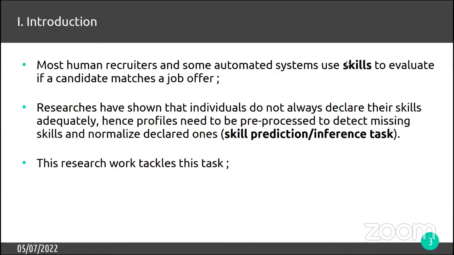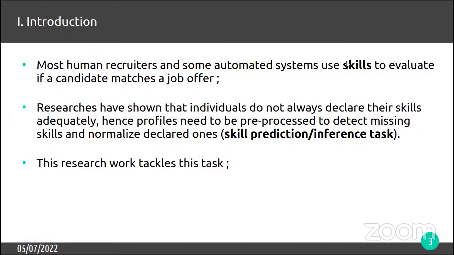So if we want to build an information retrieval system for this kind of documents that relies on skills, we have to pre-process the documents to detect those skills, and this is the skill prediction, or sometimes called skill inference task.